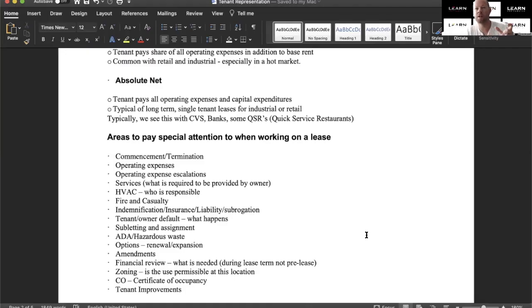So I try to word something like that where, if something goes wrong, I'm going to be proactive in getting it fixed. I won't take full responsibility, but I will make the call and pay for that initial service call, to see if we can get a cheap, quick fix. If something major happens though, you as the landlord need to take care of it. That's what I try to do.